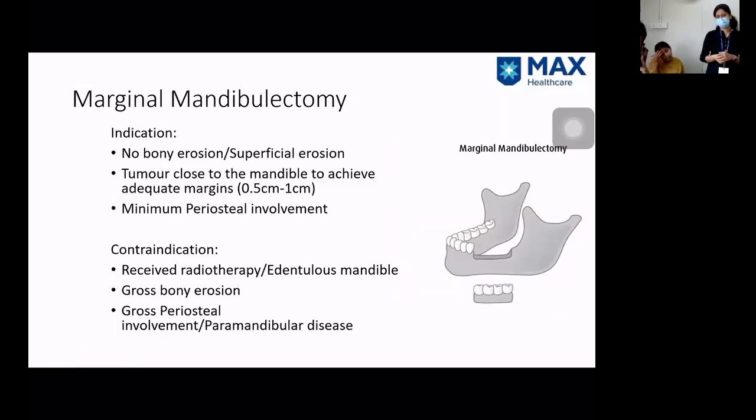Contraindications, of course, are gross bone erosion or gross paramandibular disease. Relative contraindications would be radiotherapy and edentulous mandibles. Radiotherapy because the periosteum is breached and tumor can enter from somewhere in between also. And edentulous mandible because many times the mandible may be pipe stem shaped and may not be thick enough.